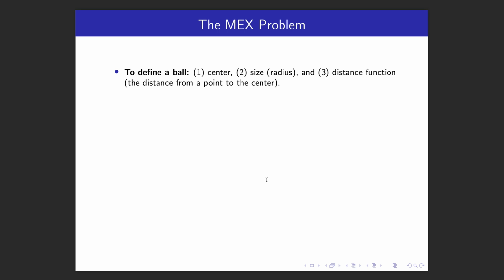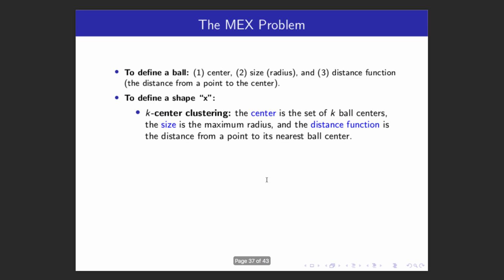So we can also define other shapes very naturally by these three components, like k-center clustering. The center should be the set of k ball centers, and the size should be the maximum radius, because for k-center clustering, we want to minimize the maximum radius.